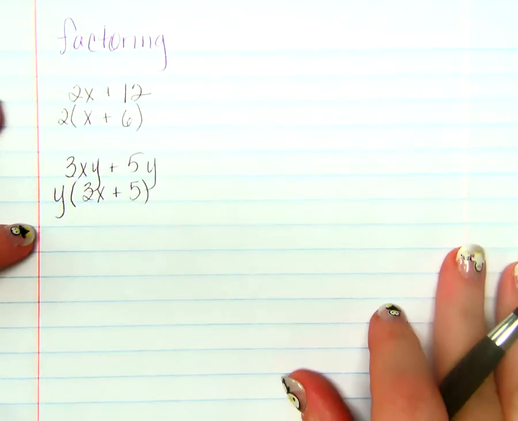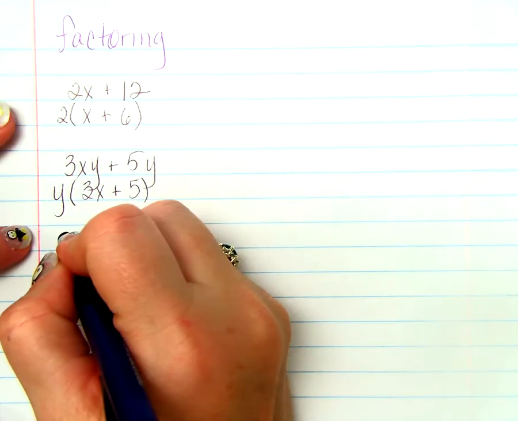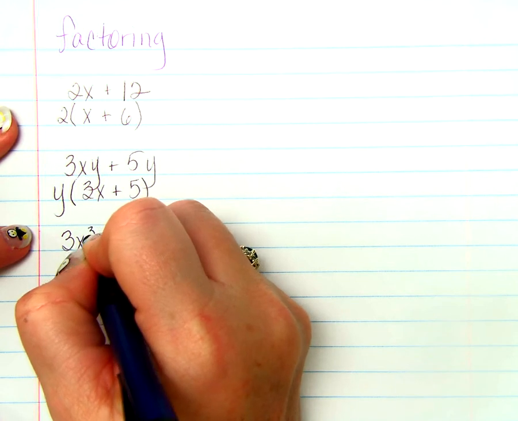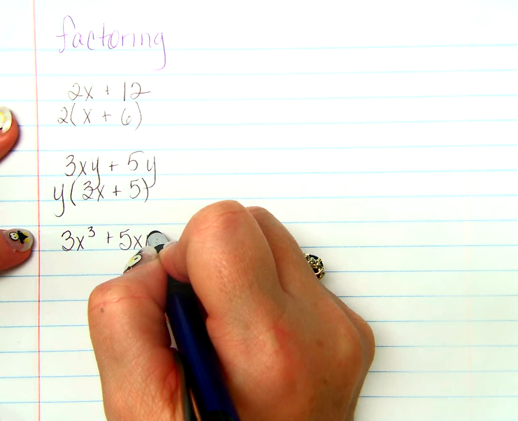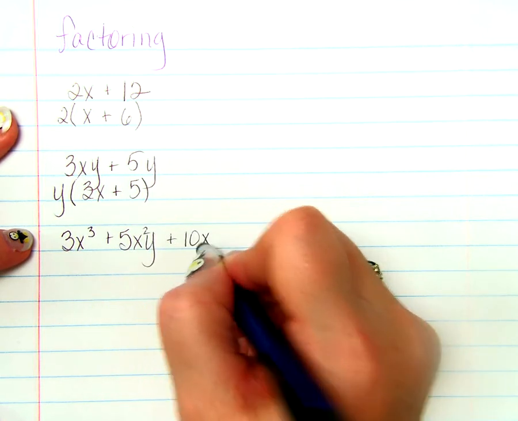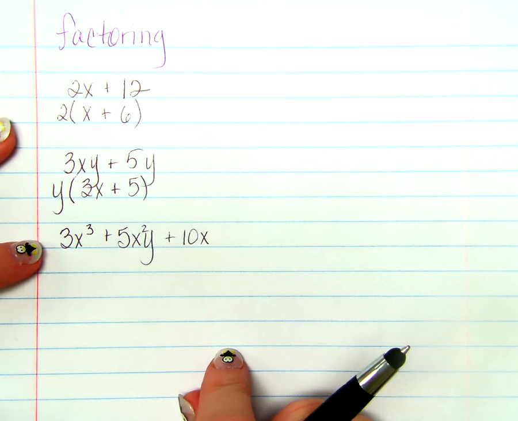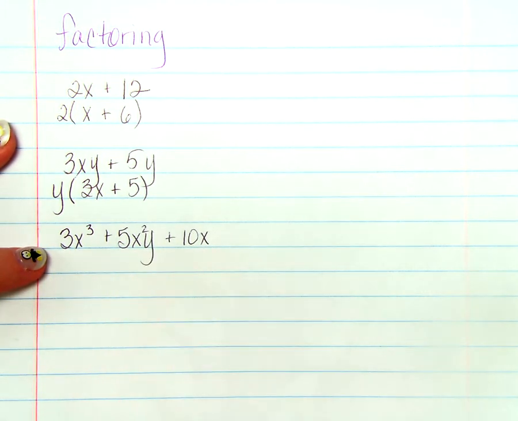What if the problem was even harder? And it was like 3x to the 3rd plus 5x squared y plus 10x. It's just x, isn't it? But how many terms does this one have? 3, right? Here's 1, here's 2, here's 3.